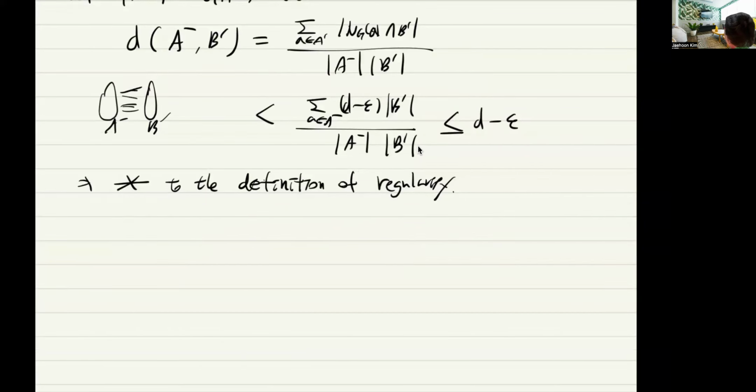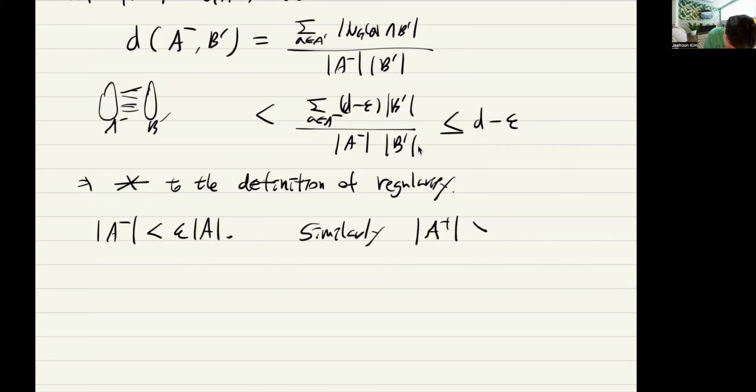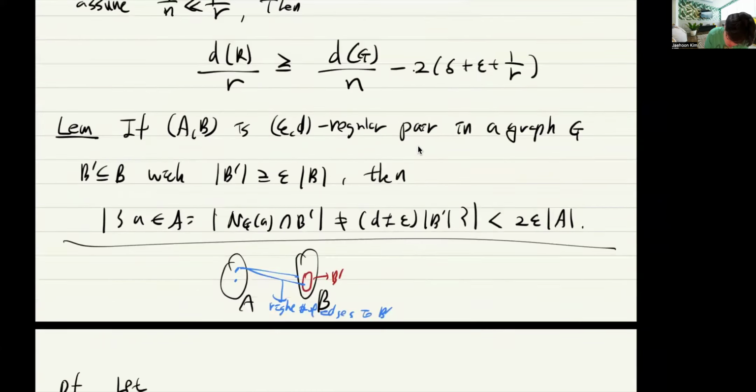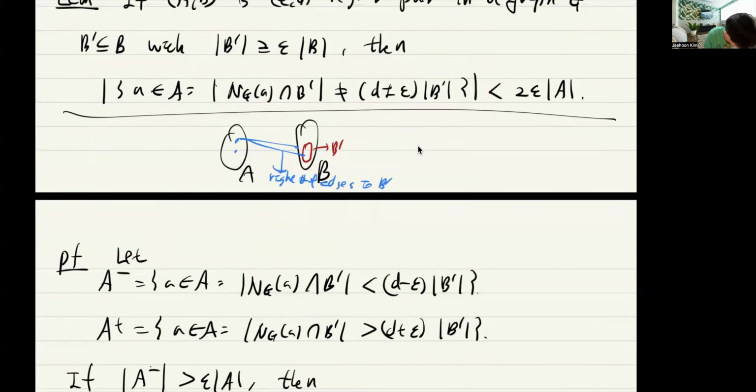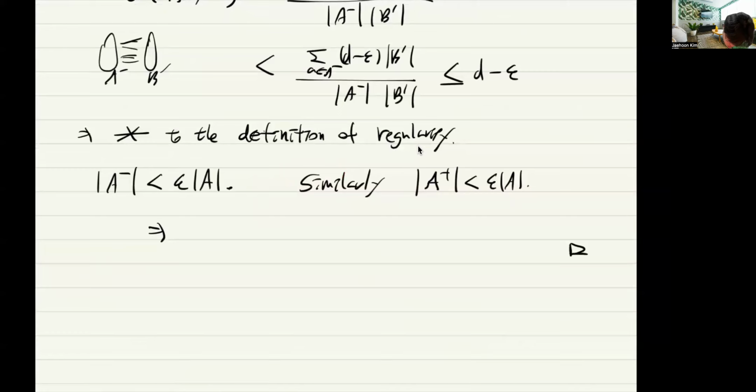So we conclude that A minus should be smaller than epsilon times A. Similarly, A plus is also smaller than epsilon times A. So in total, you take the union, and that's at most 2 epsilon times A.